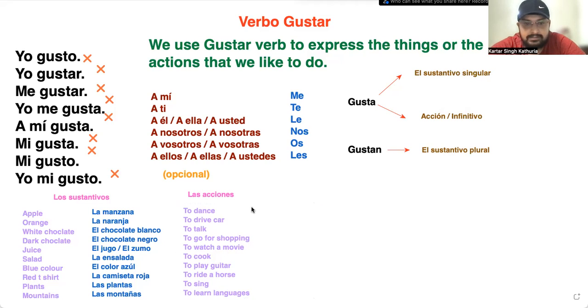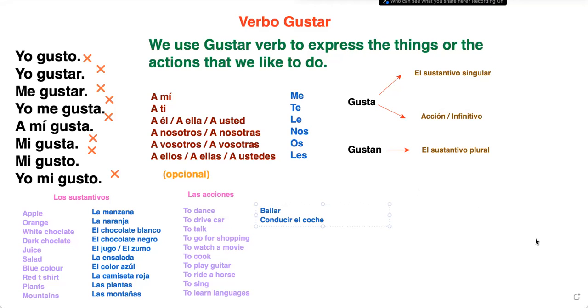Let me write the translation. Bailar. In this way, your vocabulary is also increasing. Conducir el coche. Hablar is de compras. Ver una película. Película means movie.